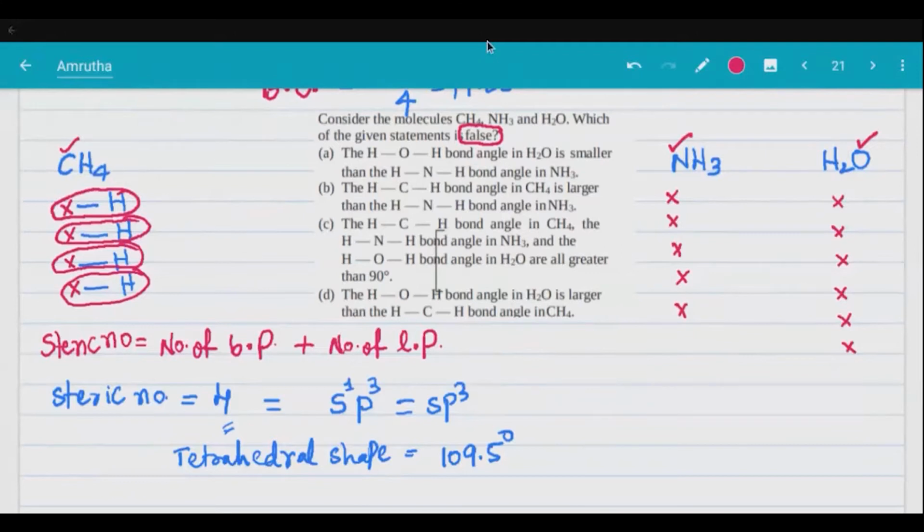So can you please do it quickly? Fast. So NH3 and H2O.